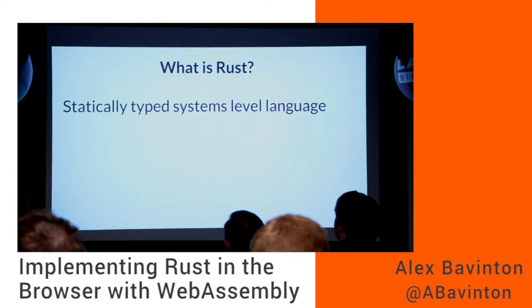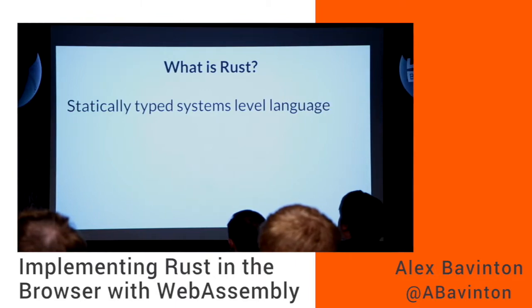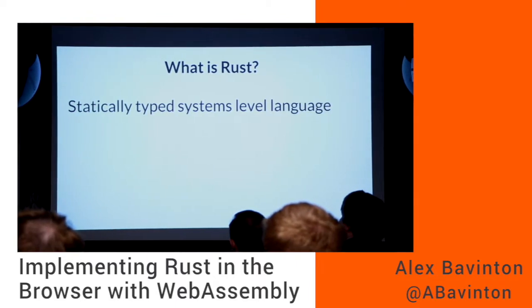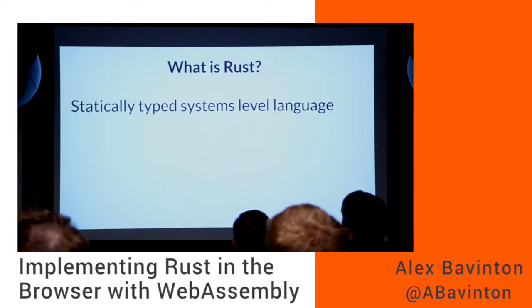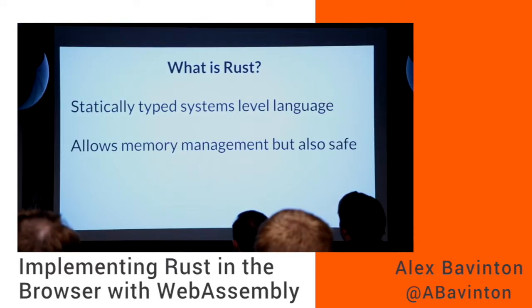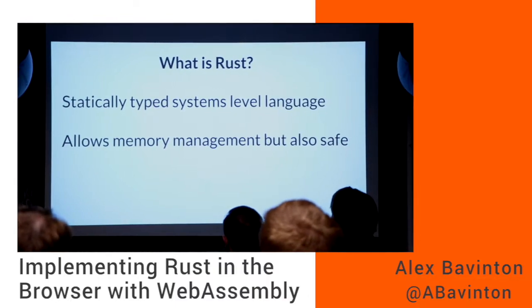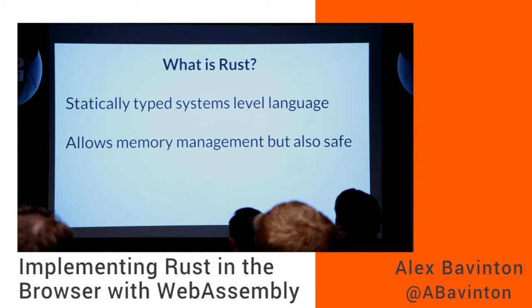Okay, now I said earlier that it only really runs with C and Rust at the moment anyway. Hopefully there'll be some more languages coming soon. Now I chose Rust mainly because C kind of scared me, and I'm a JavaScript developer, so I went with the safest option. Rust is a statically typed systems level language, and I'm told it's similar syntax to C++, but I've never done C++, so. It allows memory management, but it's also safe.